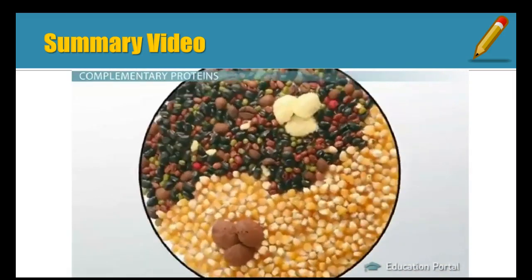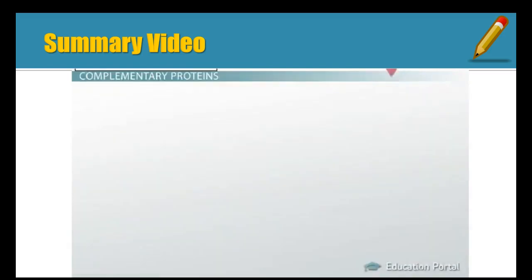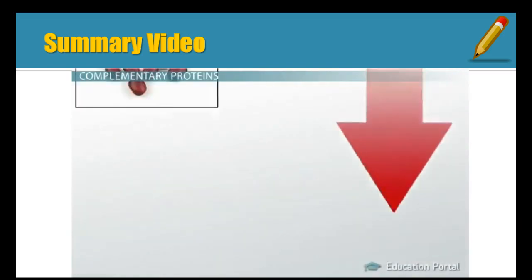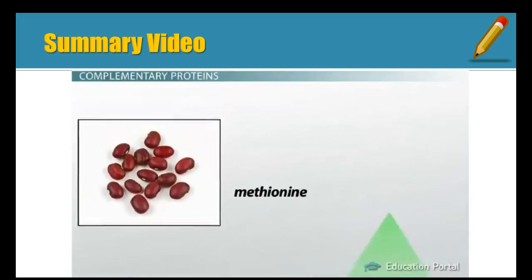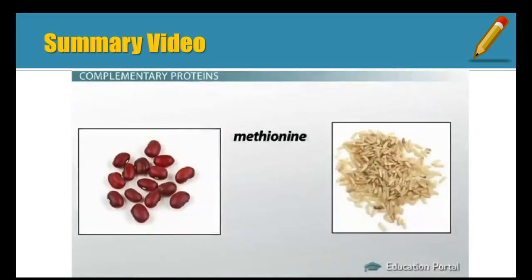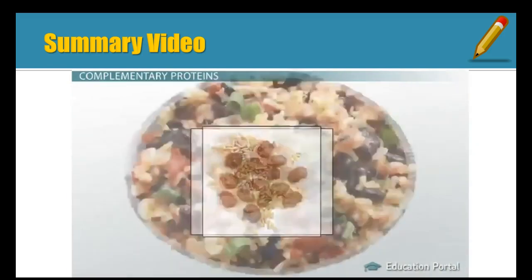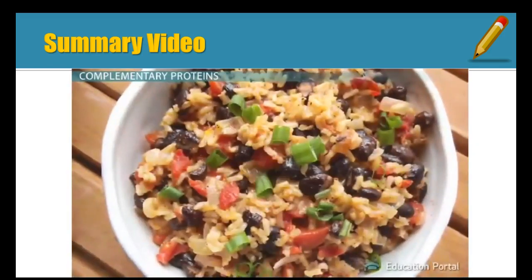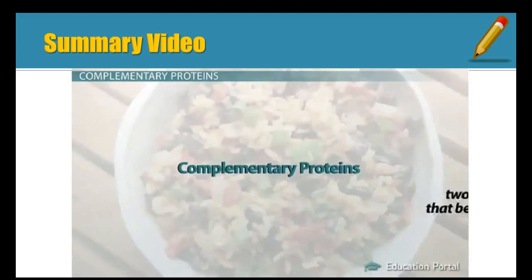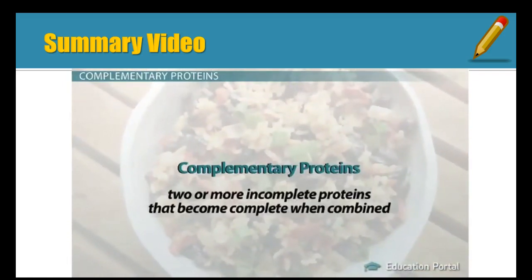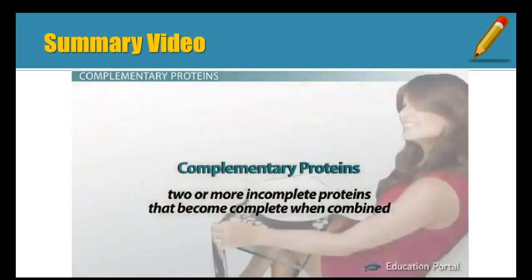In a way, you can think of incomplete proteins helping each other out. For example, beans are low in the amino acid methionine, but this amino acid is abundant in rice. So by combining beans with rice, a complete protein is created. These are called complementary proteins, or two or more incomplete proteins that become complete when combined.